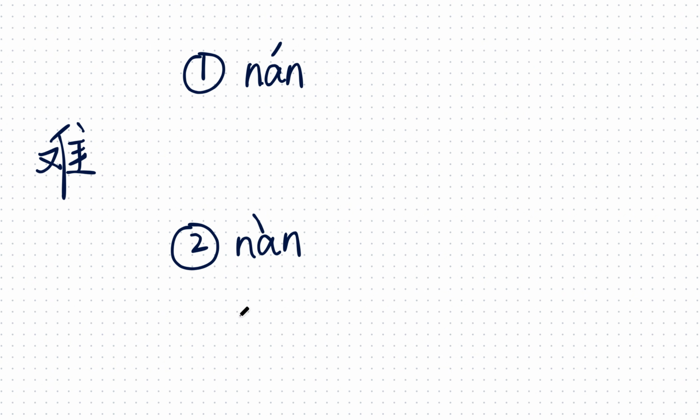You might be using a dictionary and you find out it has two pronunciations. One, nán, two, nàn. So now what you need to do is practice, and you can read it after the next time you saw this character.